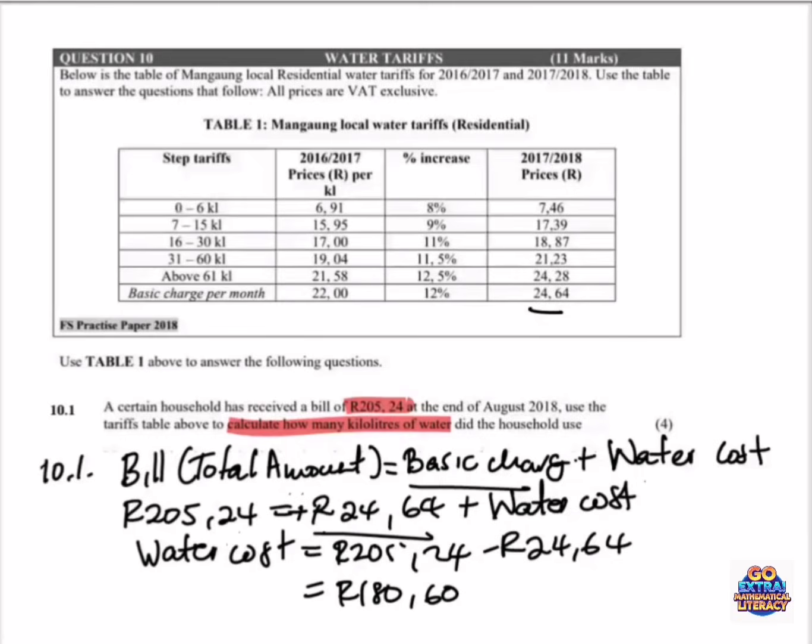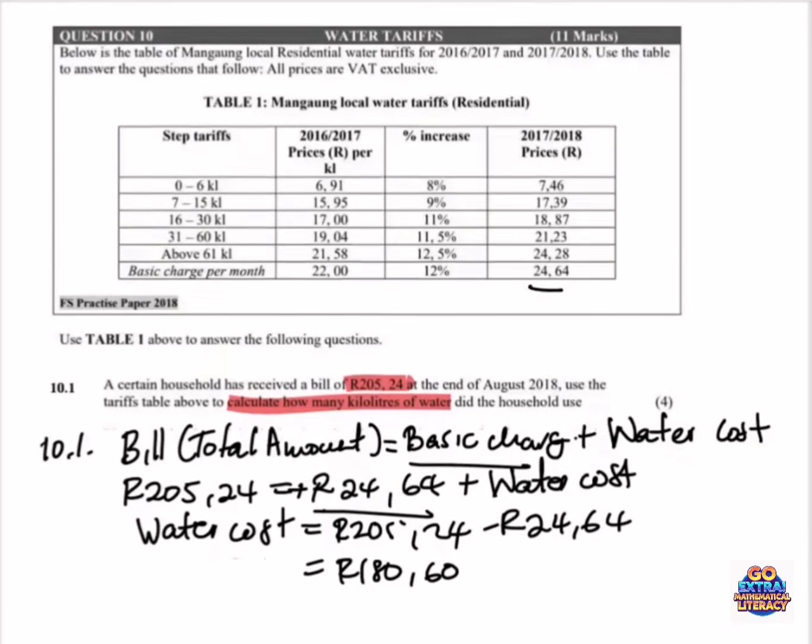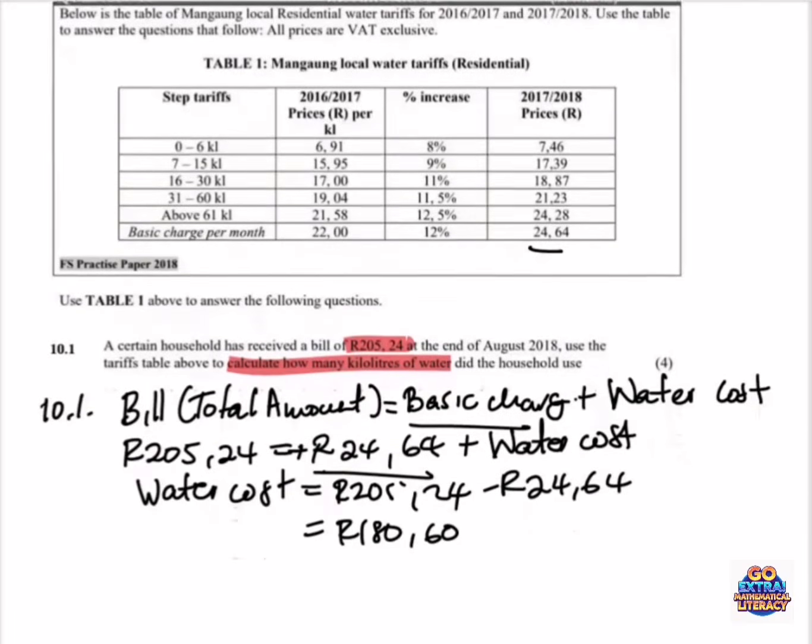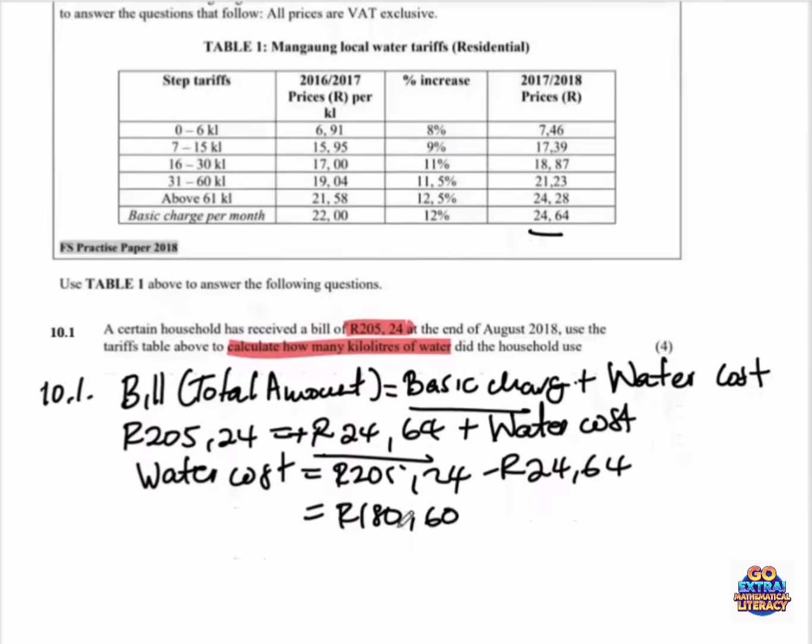Now from here, what do we do? This is the cost of the water that they used without the basic charge, because we have subtracted the basic charge. So what are we going to do with this information?